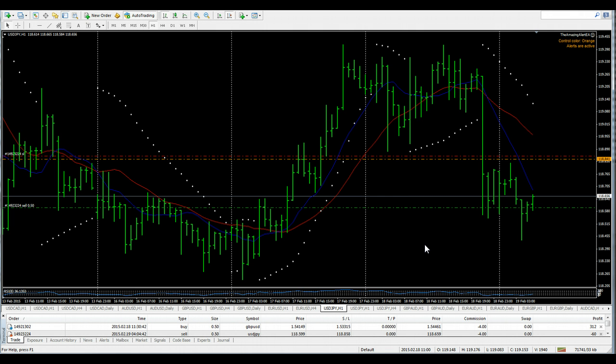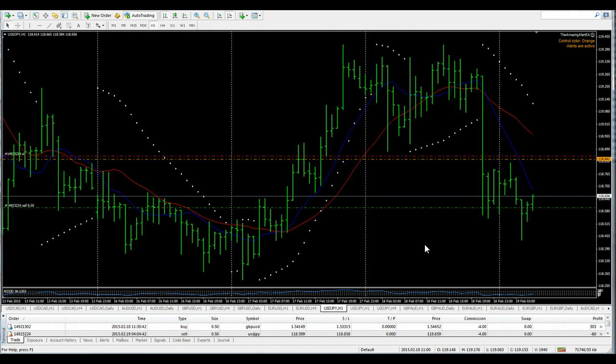Looks like the US dollar could possibly start to weaken. And then as we get into the London and New York session of tomorrow, we can start to look at the euro and see whether we're going to get some weakness or strength off the euro.